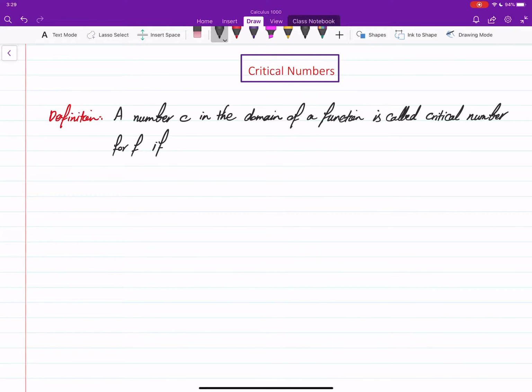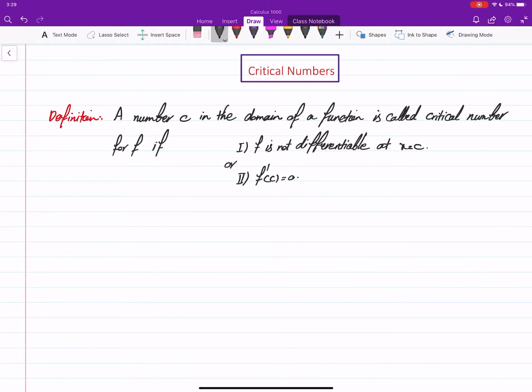if either, there are two conditions, either f is not differentiable at that value of x, or it is differentiable but the derivative of that function is equal to 0.